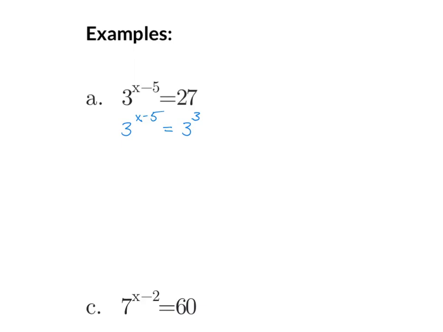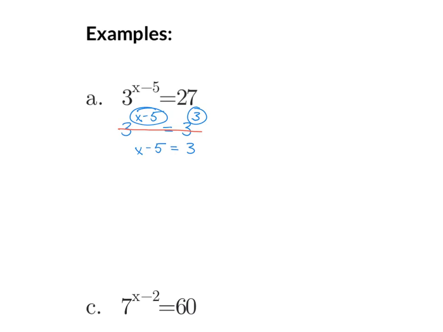As we saw in class the other day, from there we can cancel our bases and we are left with x minus 5 equals 3. In order to finish this problem off, we just want to finish solving for x using linear techniques.